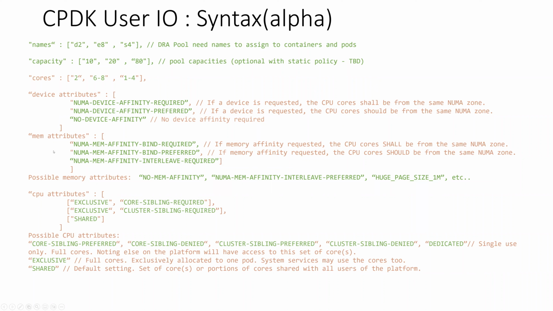And very similar, we are planning to introduce memory attributes, which would mean basically we have two types of affinity according to memory attributes. Bind affinity, which in Linux terms is very similar to single NUMA. So basically bind means we want closest affinity to the memory controller.